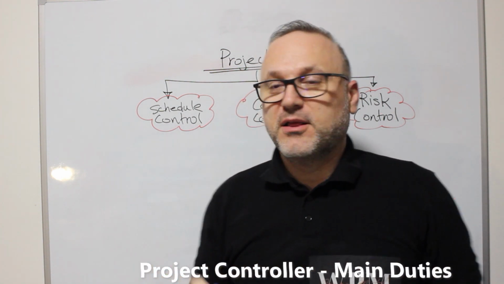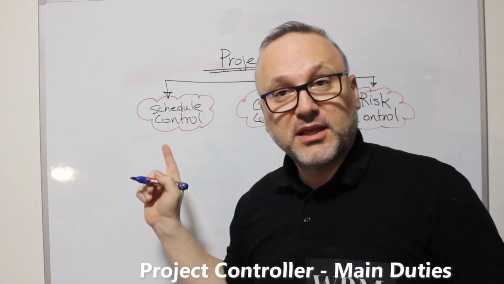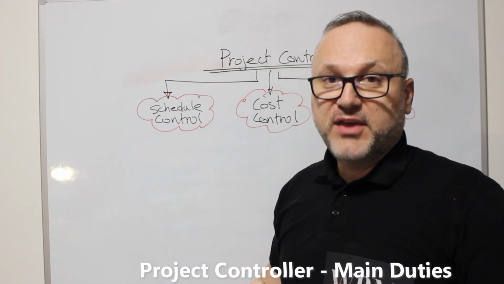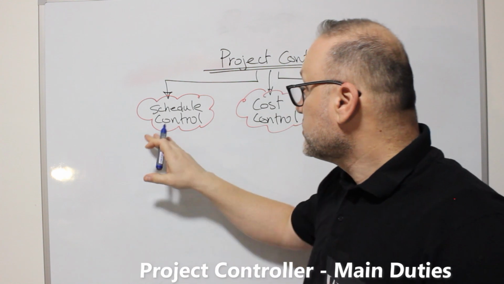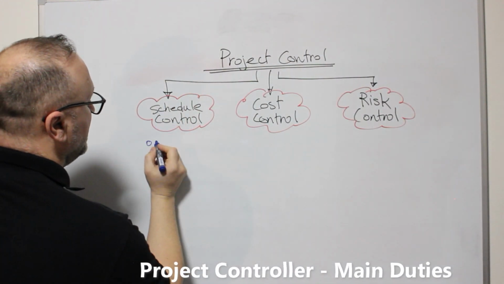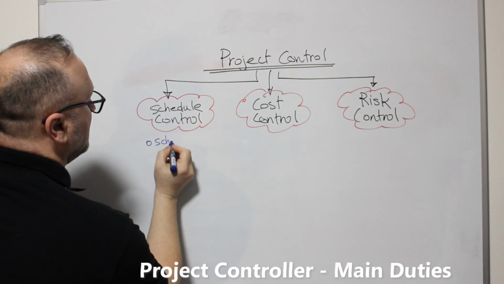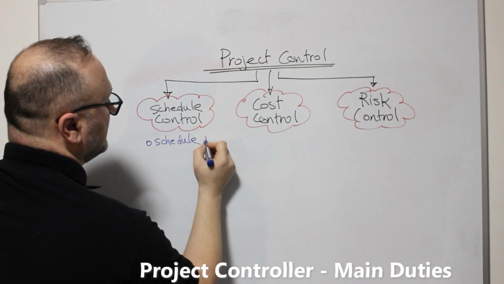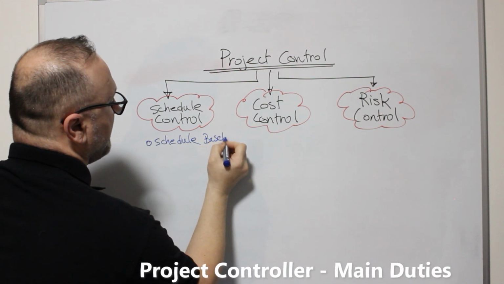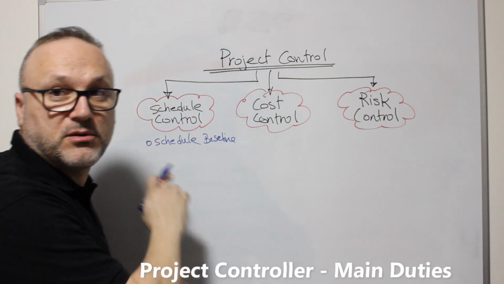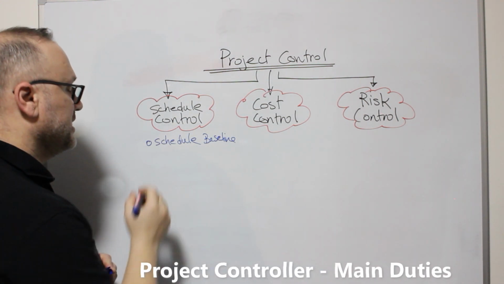This is the contract and cannot be changed. The project controller also works during the planning phase of the project. So the first one here is the schedule baseline. So the project controller makes the schedule baseline.